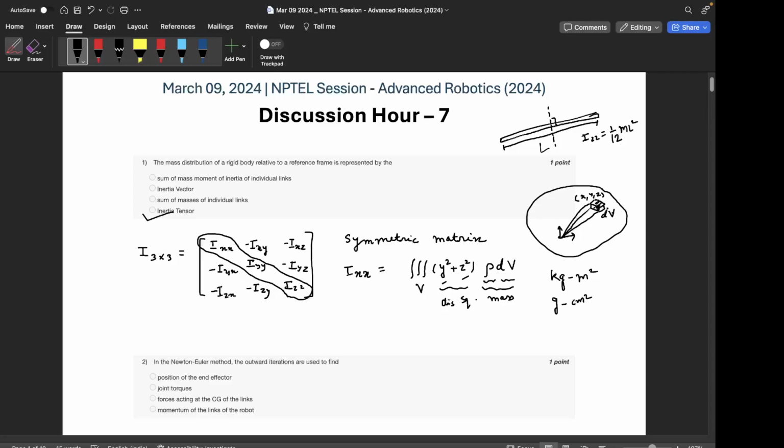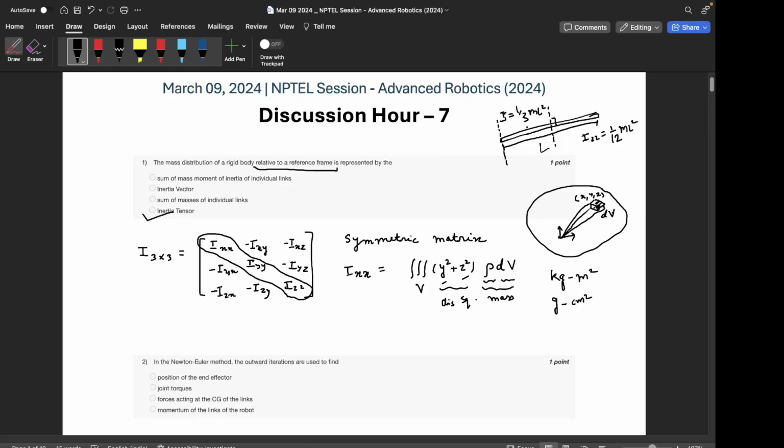The point you can conclude is that it depends on the choice of axis. The inertia matrix is not a frame-independent quantity, it is frame dependent. That's why the question says relative to a reference frame. If I move the axis here, the inertia changes, and about this axis the inertia becomes 1 by 3 mL square.